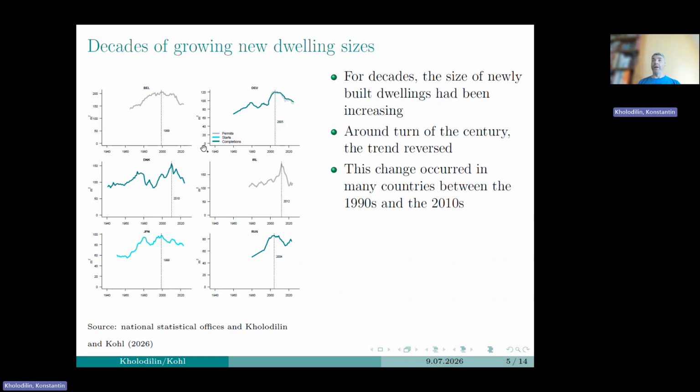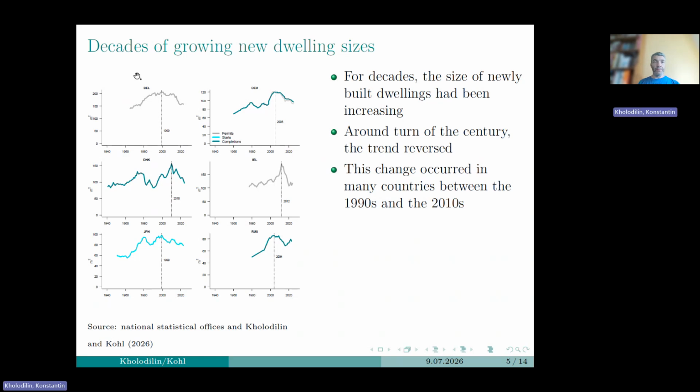Of course, building permits are leading with respect to starts and completions, because it typically takes 1 or 2 years to build a house.